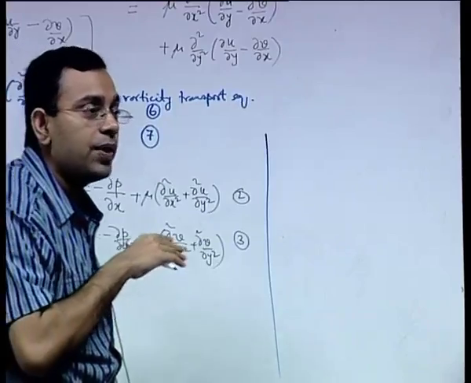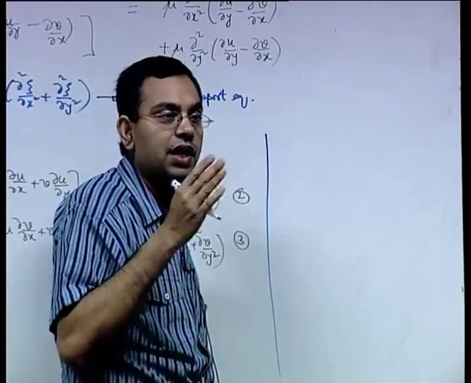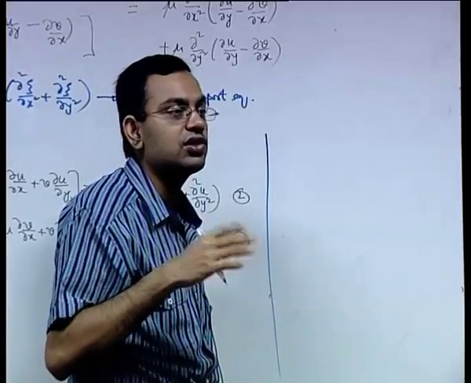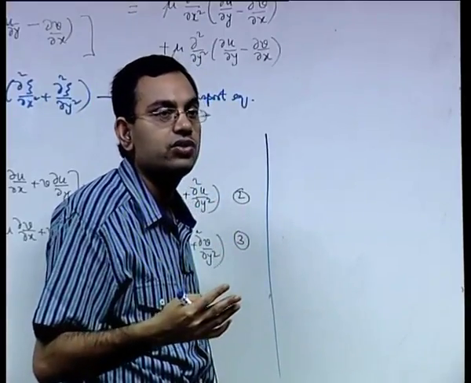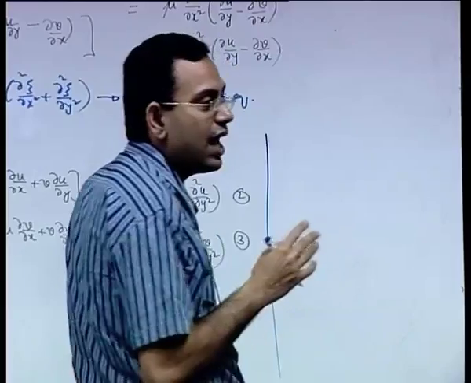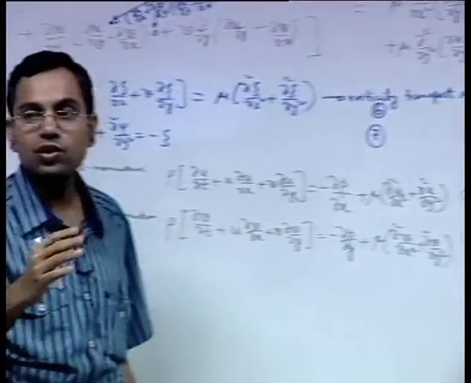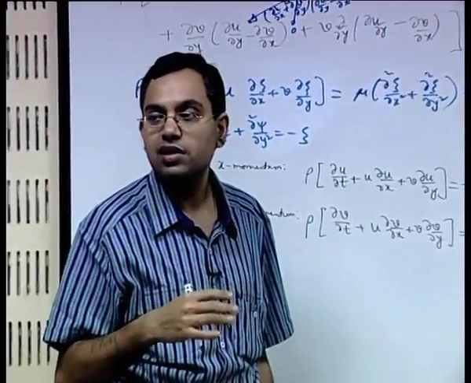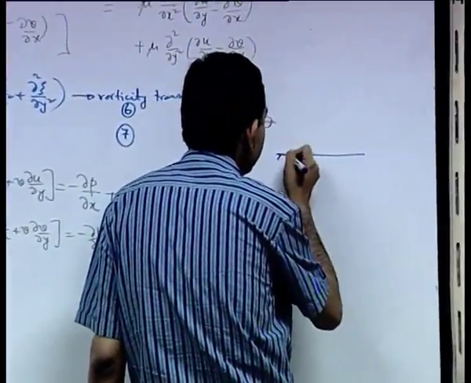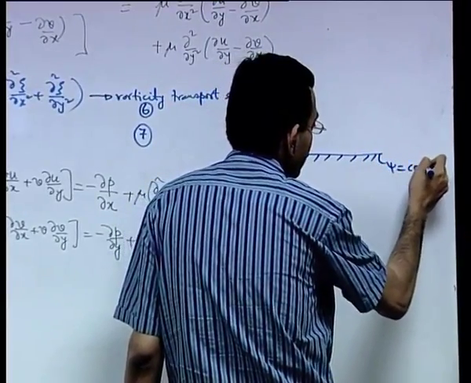When you have an impenetrable solid boundary, by no penetration boundary condition there is no flow perpendicular to the solid boundary, and therefore the solid boundary across which there is no penetration acts like a streamline. So it will have a particular value of the stream function, because we know that the stream function is constant along a streamline. So if you have a solid boundary like this, you can call it psi equal to constant.